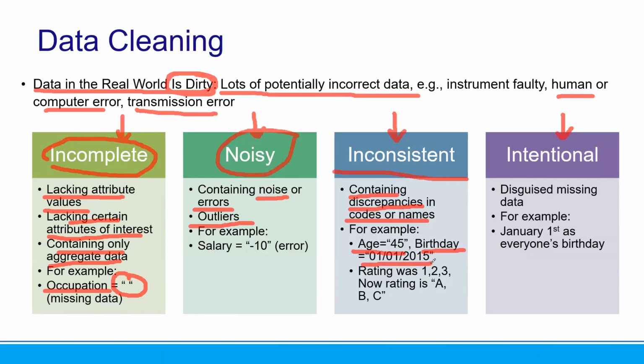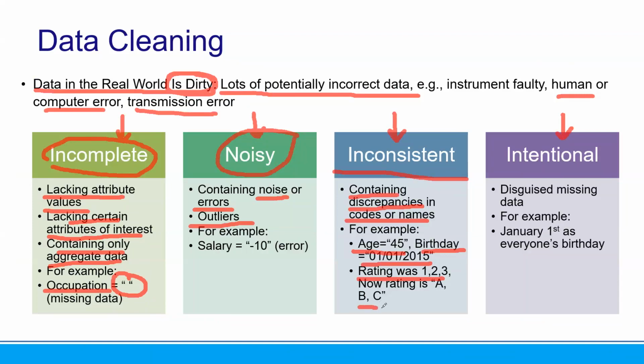Am I right? 2022 minus 2015, so 7. But the age is 45. Then it is not consistent. Okay. In this case, yeah, we need to do something. We need to pre-process. Or maybe a rating. We have the original rating is using 1, 2, 3, but now it changed to A, B, C. Then it is also not consistent.